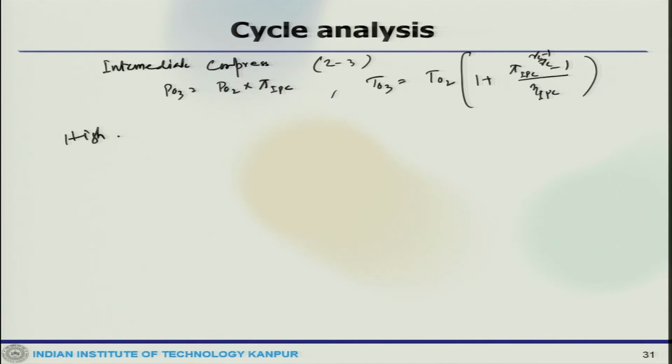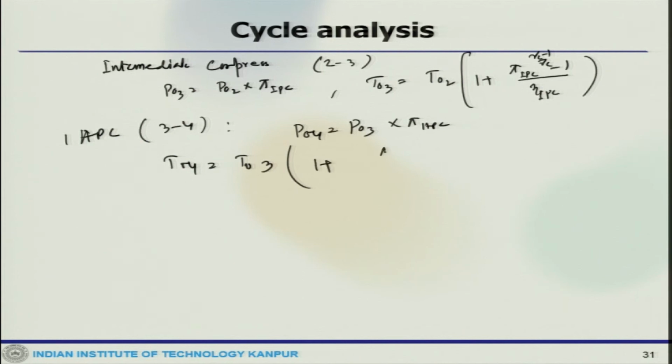Now the high pressure compressor, or HPC, which is 3 to 4. So P04 would be P03 into pi HPC. Similarly, T04 would be T03 times 1 plus pi HPC to the power gamma c minus 1 by gamma c, divided by eta HPC.